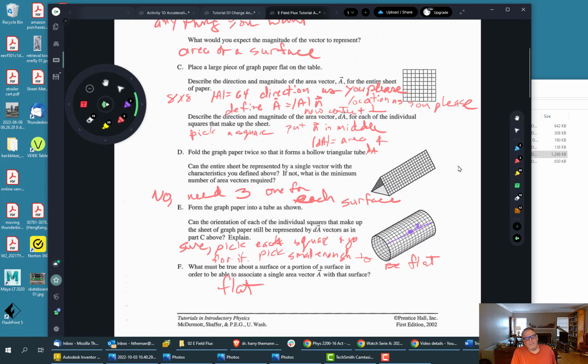But it could be anywhere in the azimuthal angle phi, because remember, in a cylinder it's r, phi, z, or sometimes theta. The azimuth angle, usually rotation around something, is usually called phi. But in this case it said dA, so sure, we could pick one, and if we pick it small enough, it'll be flat enough, and that's what they were asking for in F. But as usual, they were pretty clumsy about the whole thing.